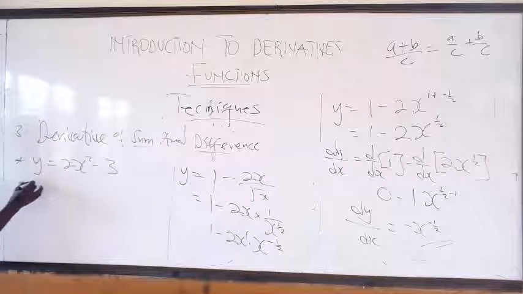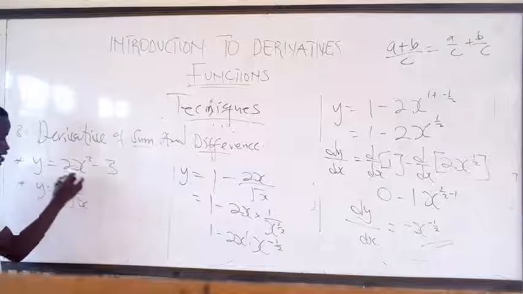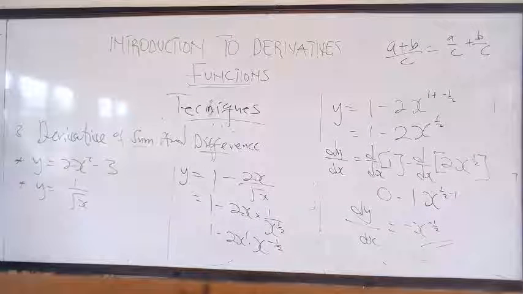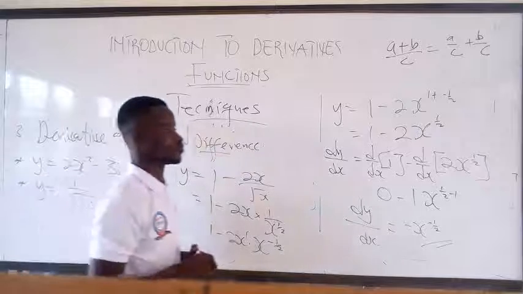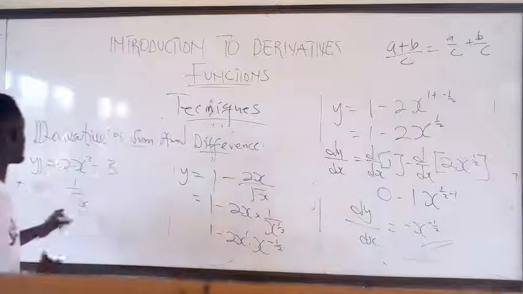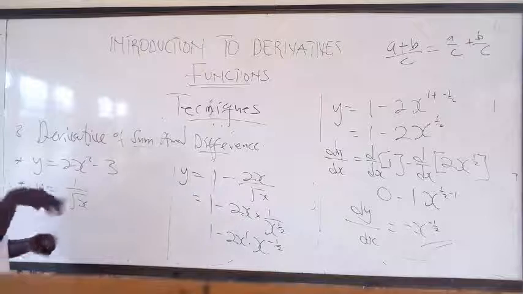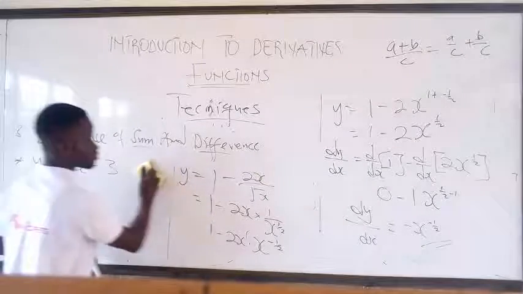And I gave you y is equal to 1 over square root of s, and that one too we had... okay, divide this, go to this. That one too, we had 4s. After that you compare to that one and you see what I'm talking about.